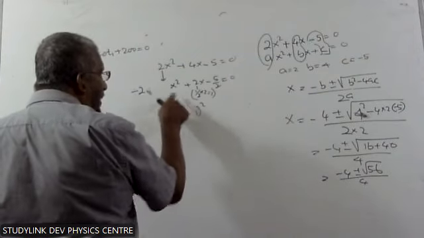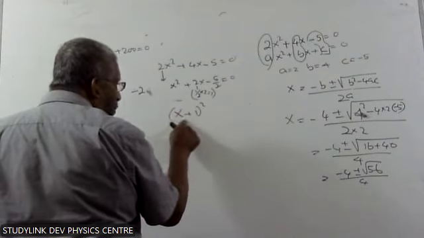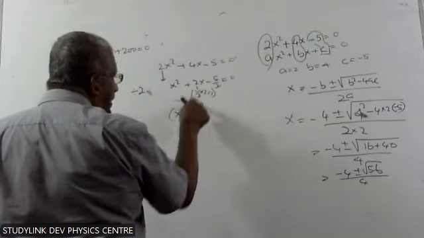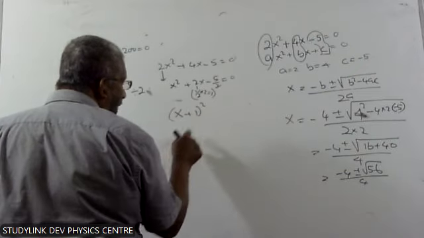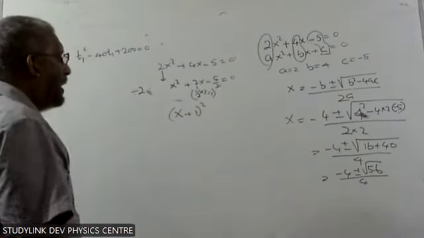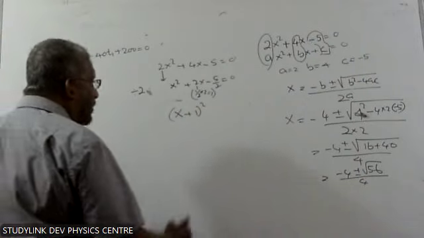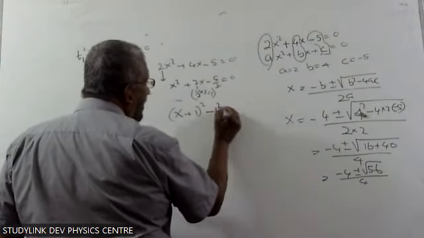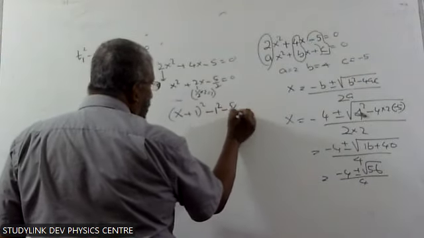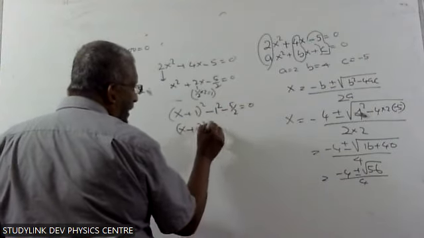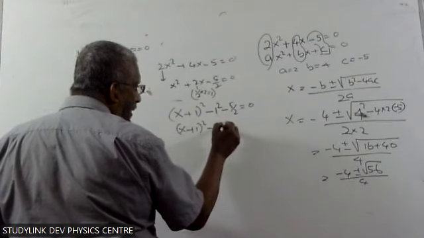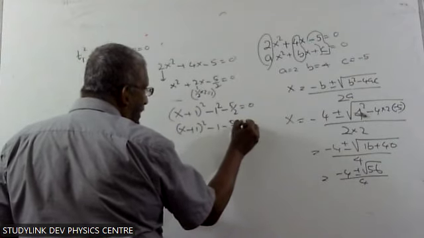X squared coming. Then 2 times the product, x into 1 is x, into 2 is 2x. Additionally, 1 squared has come, so that should be deducted. Minus 5 by 2 is equal to 0. Then x plus 1 squared minus 1, 1 squared is 1, minus 5 by 2 is 0.